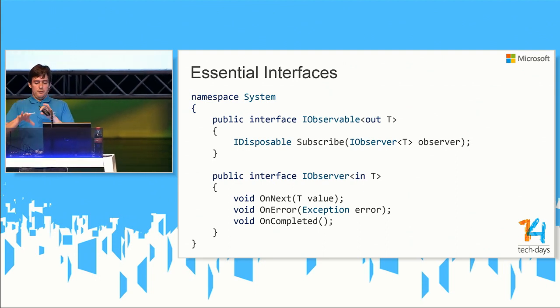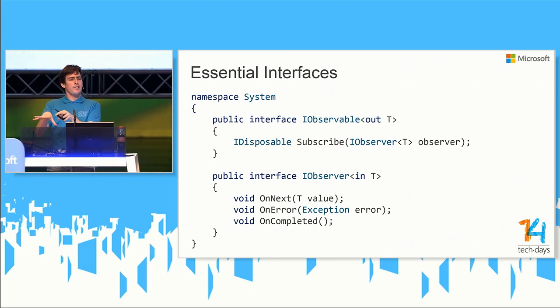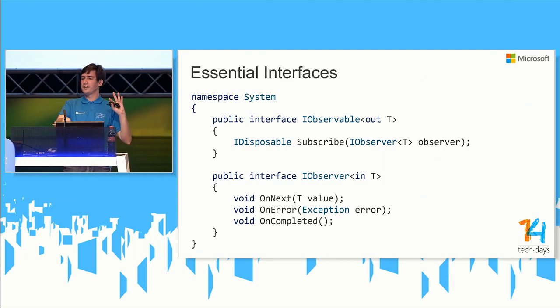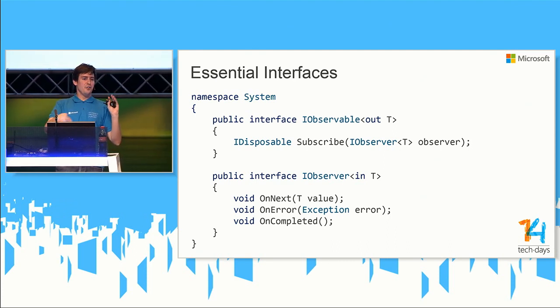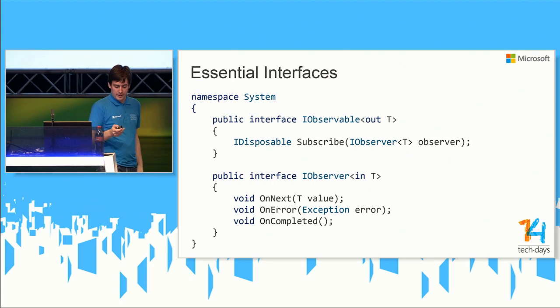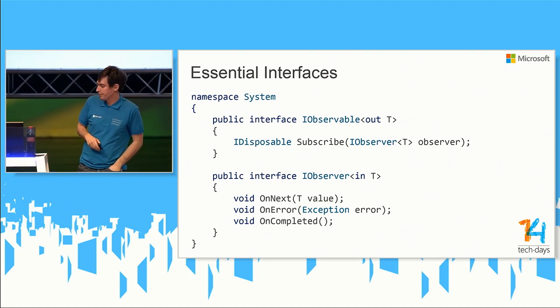Now, of course, on this micro scale, that doesn't look very important. But as soon as we start adding query operators, this disposable is the one that saves the day. Because unhooking all sorts of handlers everywhere becomes a state nightmare if we don't have some better way of doing that. So that's why we have IDisposable there.